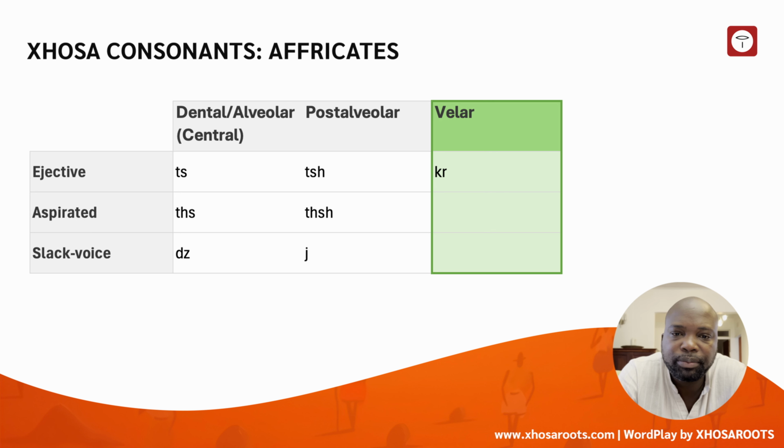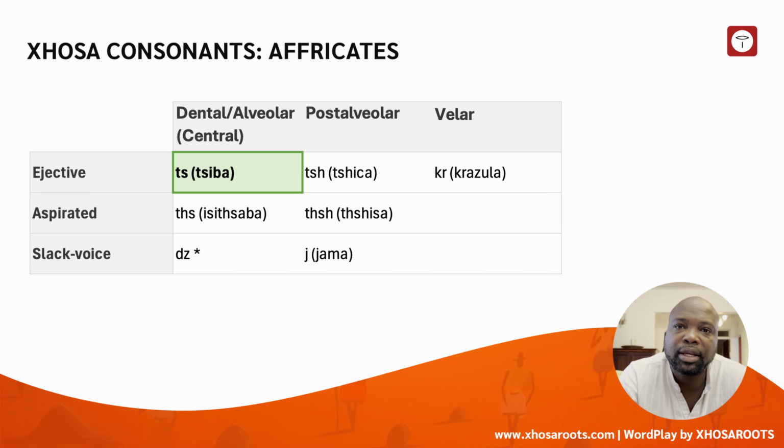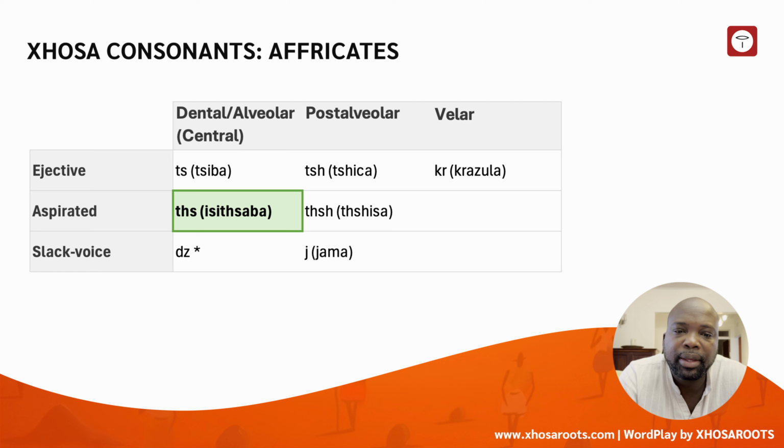And as you've already seen, so far as the patterns are concerned, the base being the ejective is ts, its aspirated version tsh, its slack voice version dz. That's the dental alveolar affricates.